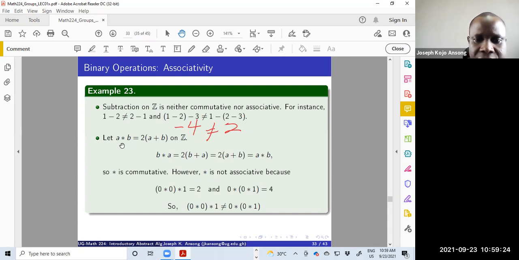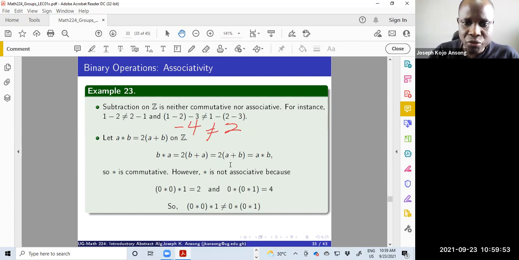Okay, now it is commutative. We can show it, right? That's because if I take B star A, following this operation, I'm going to have 2 times (B plus A), okay? You take the first element and add to the second one. But we know that this is elementary addition, and addition is commutative. So we can actually switch this from the elementary algebra that we know, right?